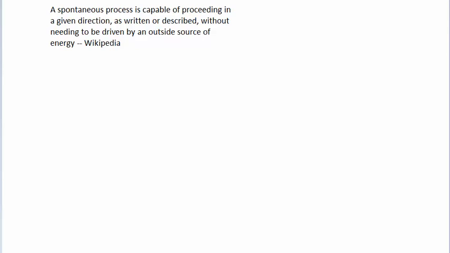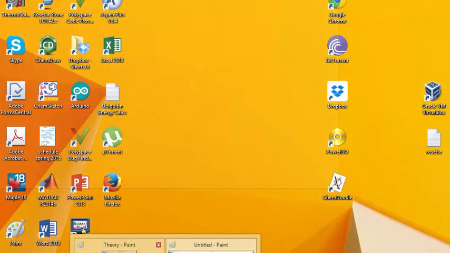If your Gibbs energy is negative, your process is said to be spontaneous. More specifically, if your change in Gibbs energy is negative. And Wikipedia says that this process can continue on by itself without the aid of energy supplied to drive it.